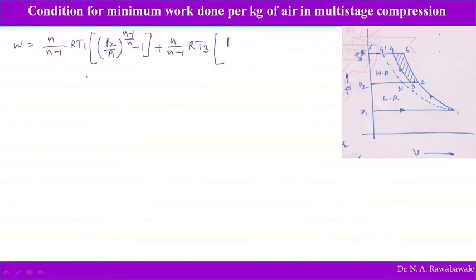We write this as (P3 divided by P2) to the power of n minus 1 divided by n, minus 1.